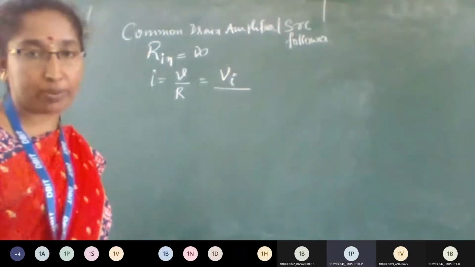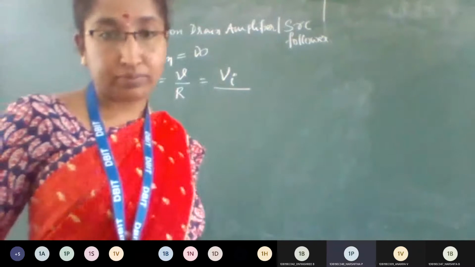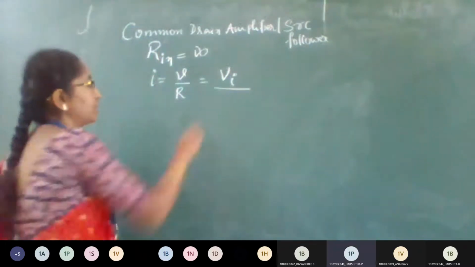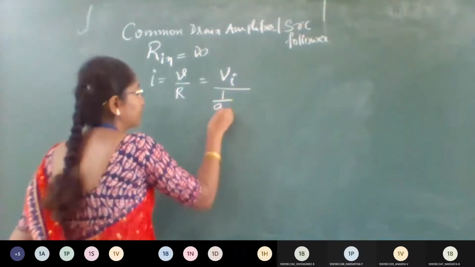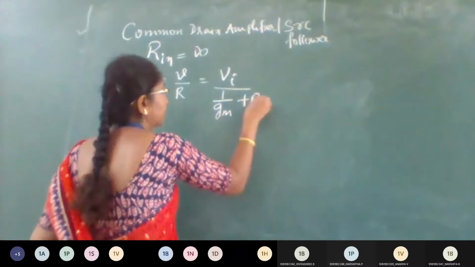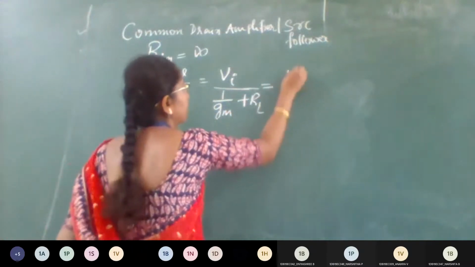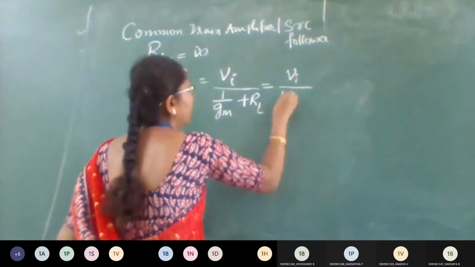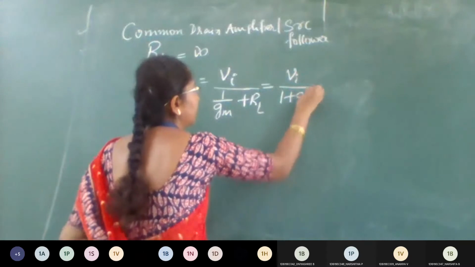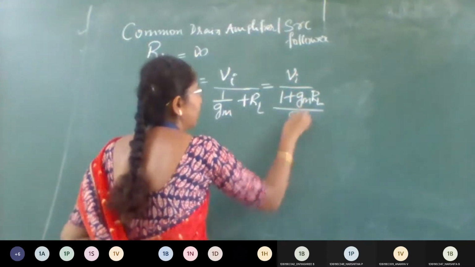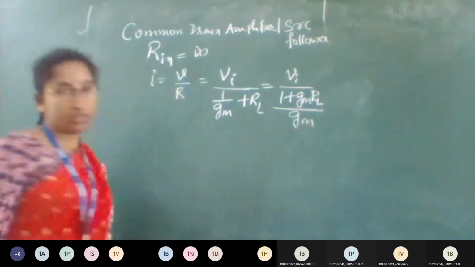You have two resistor components: 1 by Gm plus RL. If I simplify this, I get (1 plus Gm RL) by Gm.